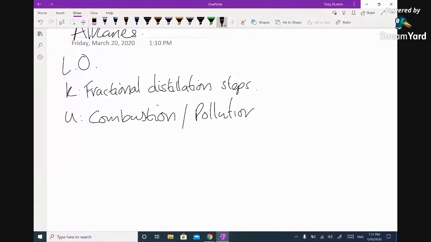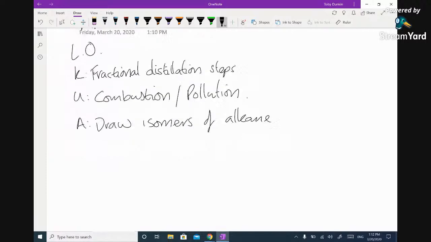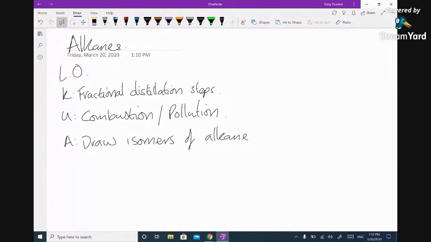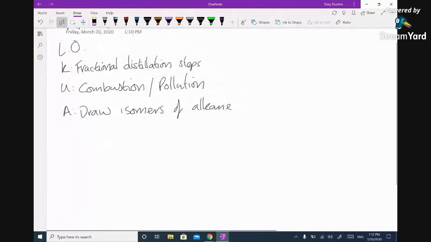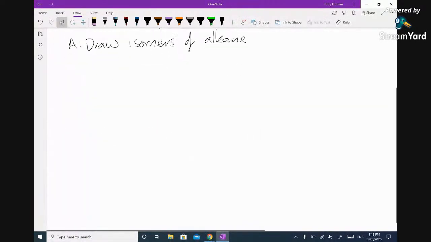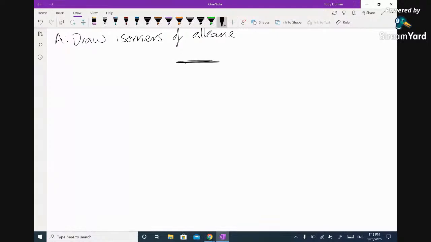I'm also going to be mentioning being able to draw isomers of alkanes, specifically branched. I'm actually going to do isomerism in a bit more detail as well when I do that. But I'm just going to crack on since my laptop gives me very limited time in terms of how long it functions for. So, okay.